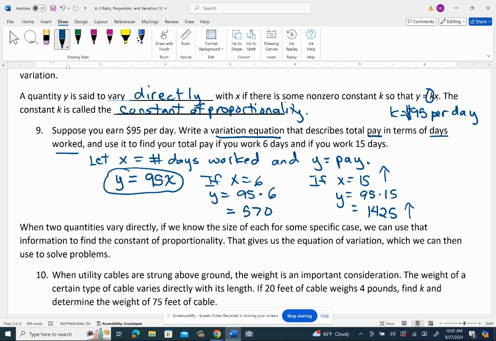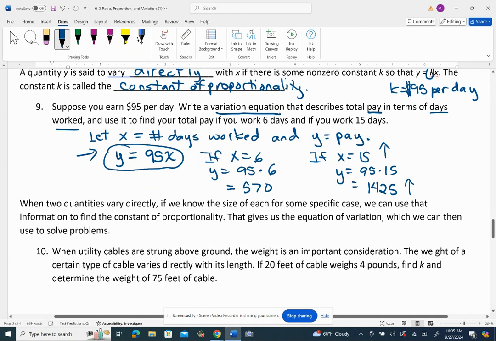Now with question number 9, we actually had the k value. The 95 was the constant of proportionality, so we were able to write our variation equation. Sometimes we just have information for some specific case.